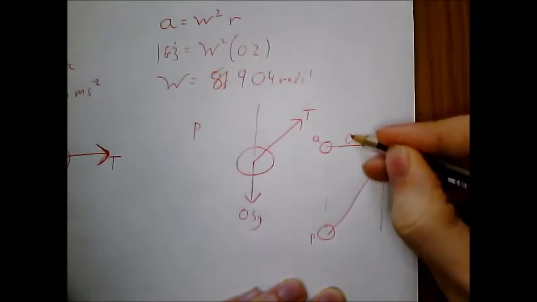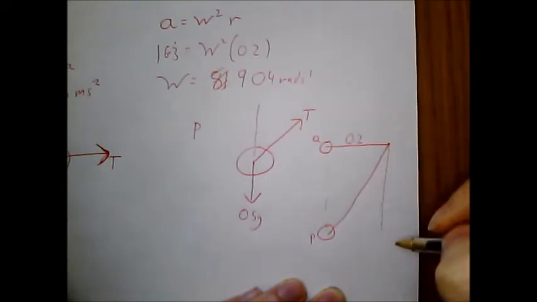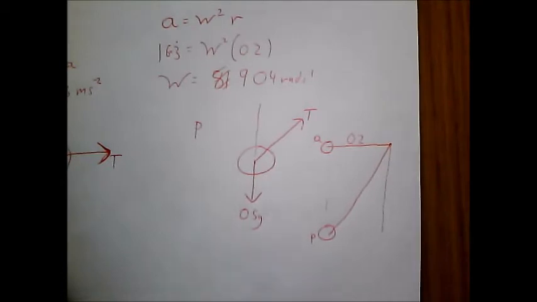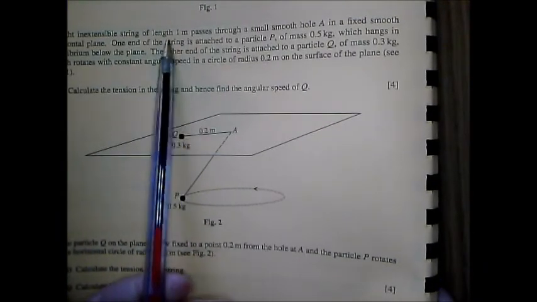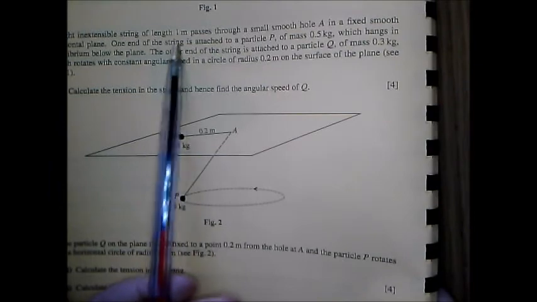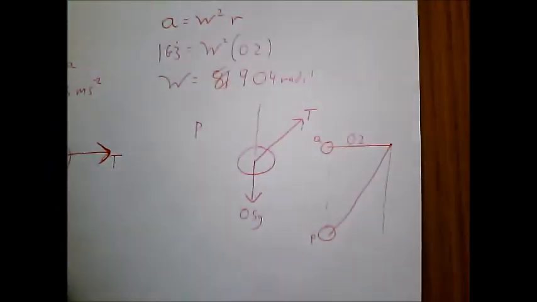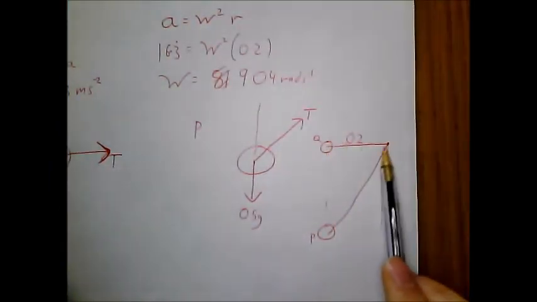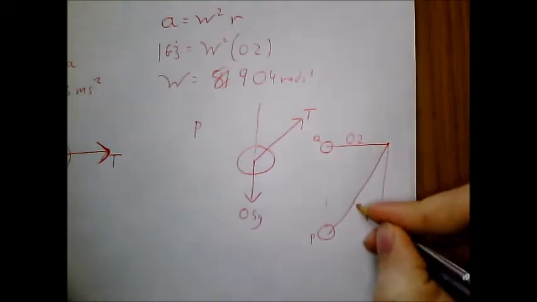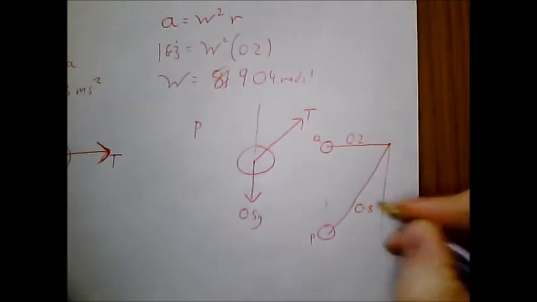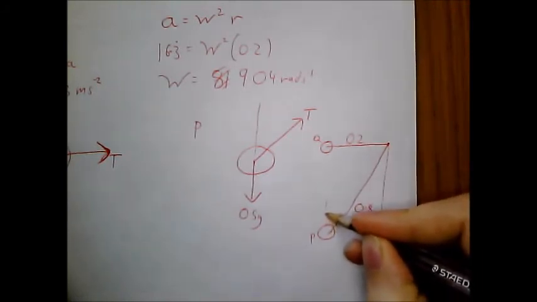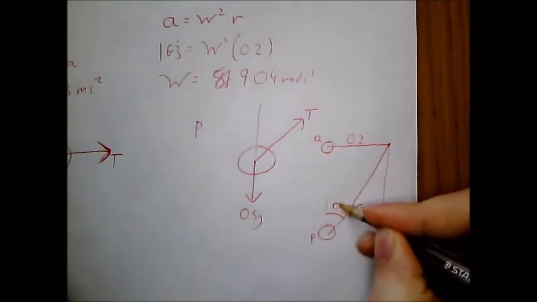We know this is 0.2, and this is where it looks like we're stuck. But if we look again carefully at the question, at the very start we're told the length of the whole string is 1 metre. So this is 0.2, then this bit must be 0.8. Now we have enough information to get this angle here, alpha.